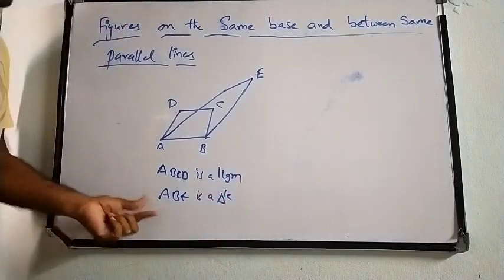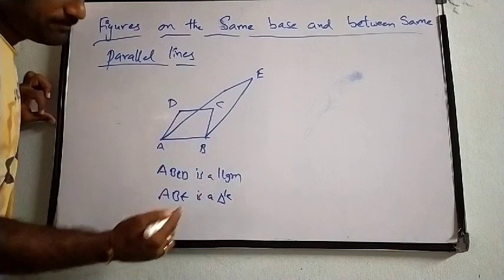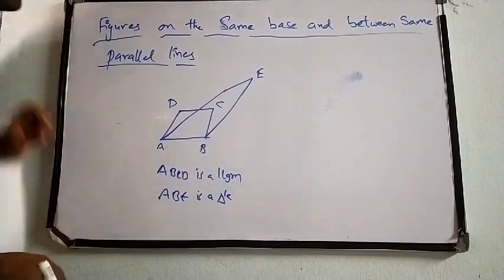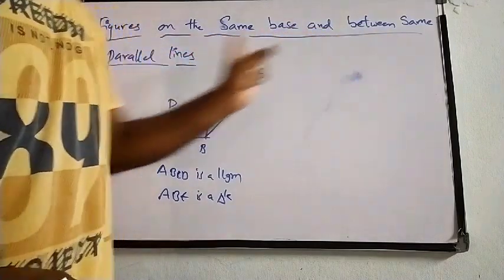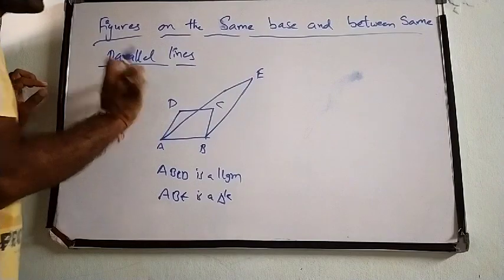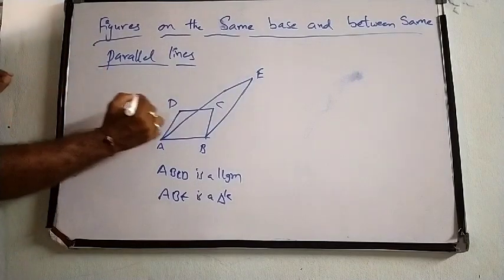They are having the same base AB. So figures on the same base and between the same parallel lines: this is having the same base, but they are not between the same parallel lines. So this is the first type of figure.